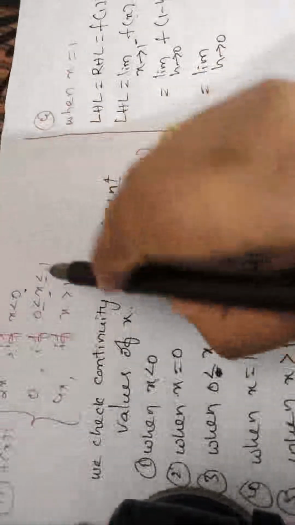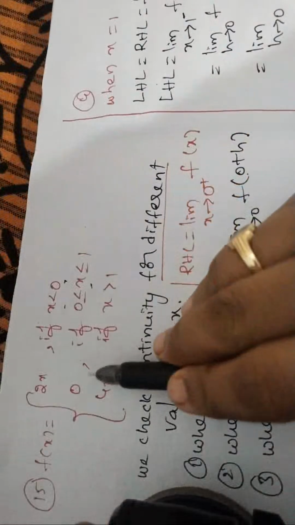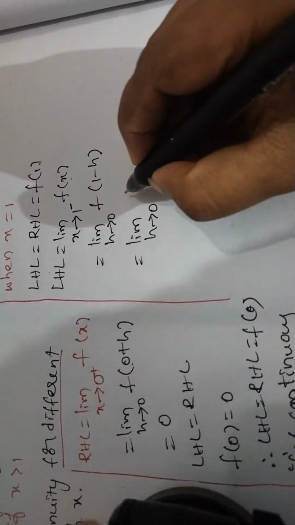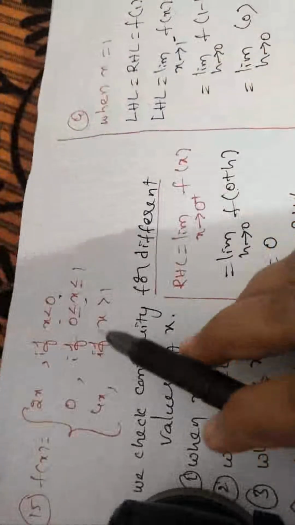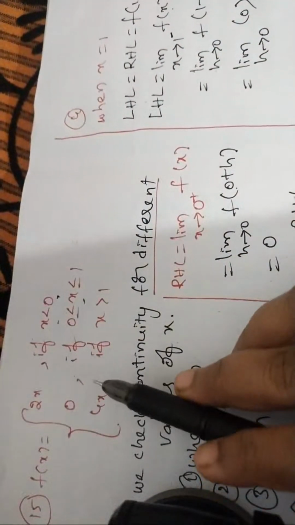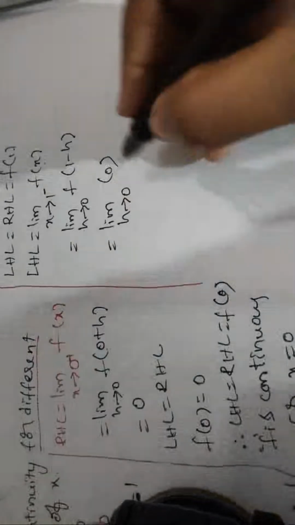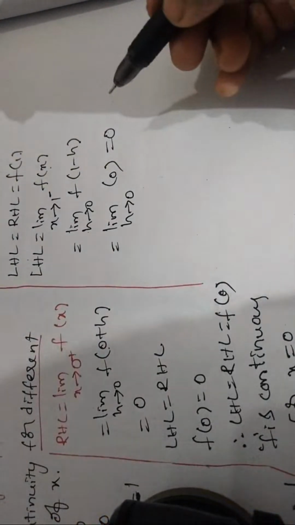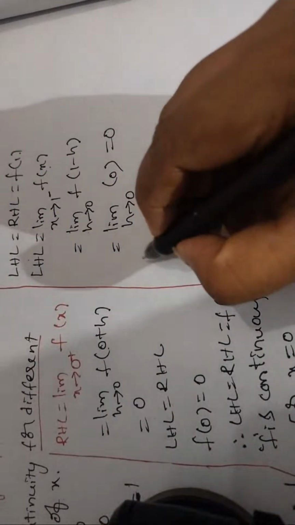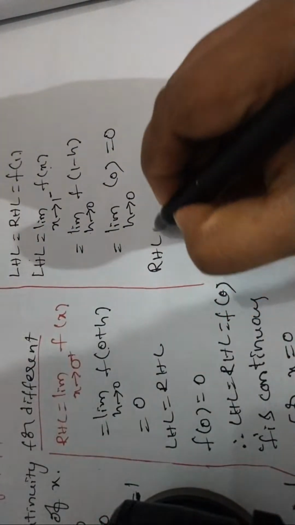When it is less than 1, the function is 0. So I will write 0 here. Why? Because there is no h for substitution, directly we write the 0. LHL is 0. Next, RHL.